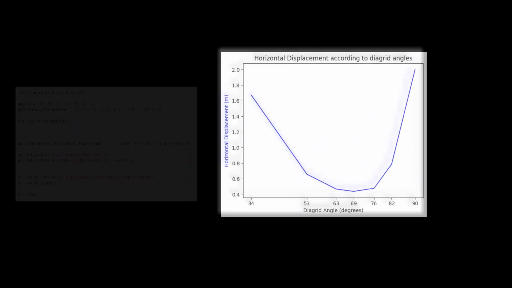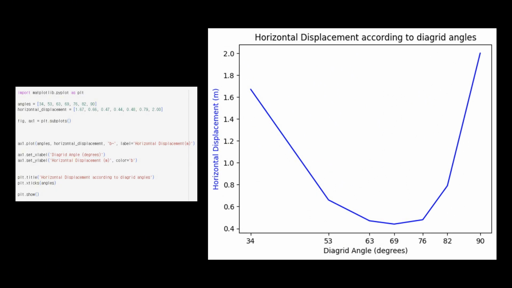The graph shows the result of measuring the horizontal displacement according to the value of zeta for each building as follows. As a result of the calculation, when the value of zeta was 69 degrees, the horizontal displacement value was the minimum.